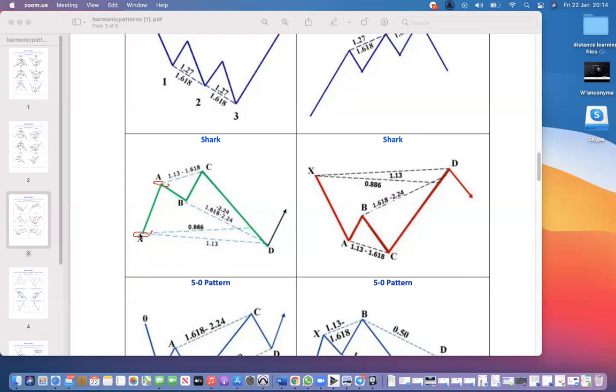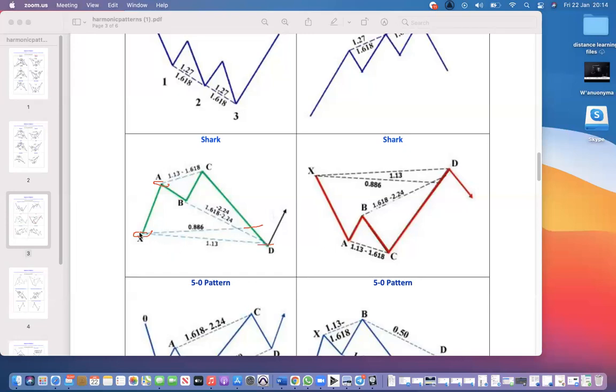And then if you look around here, from X to D, it says 1.13 down this area and then 0.886 inside here. So it means these are the zones that you're going to have, 0.886 and then 1.13.